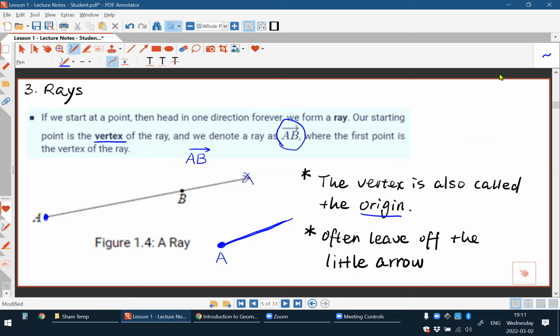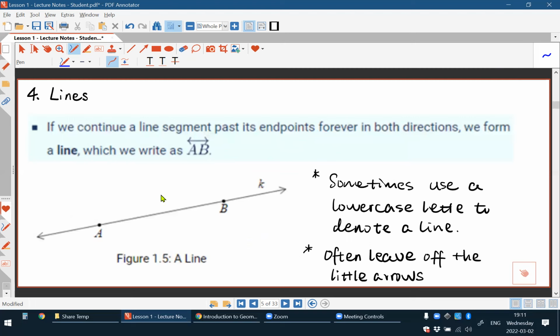All right. Next one are lines. If we continue a line segment past its endpoints forever in both directions, we form a line which we write as line AB. So as shown in this graph, line AB means A and B are the 2 points on the line, and this line can extend indefinitely beyond both endpoints, right?